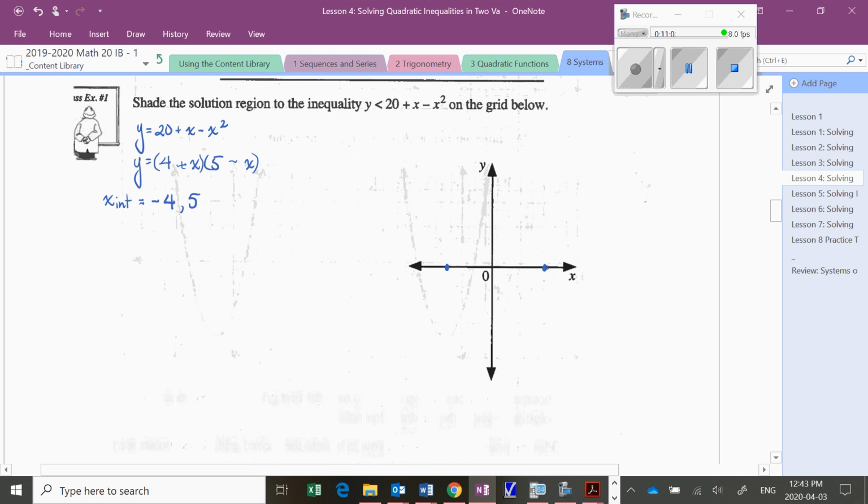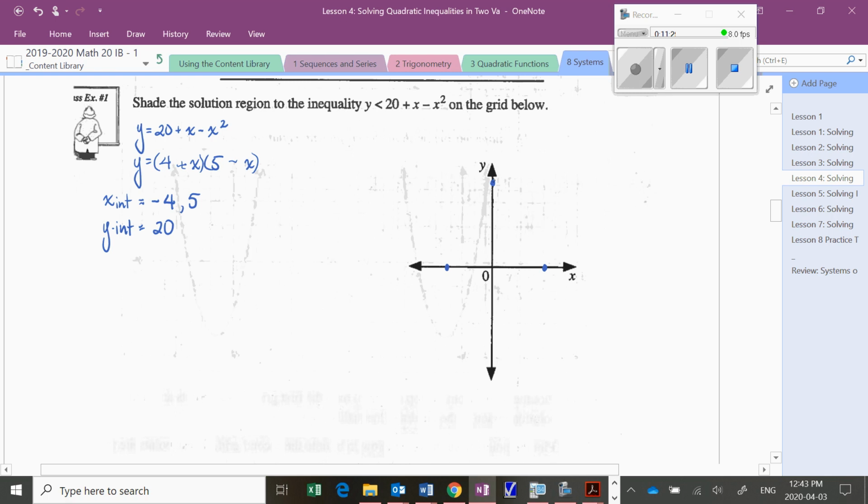Other little hints for us as well. We know that our a value, so the coefficient for the x squared, is negative, which means that it opens down. And we know that our y-intercept, so if we substitute in x equals 0, our y-intercept is then going to be 20. So we're looking at this right here.